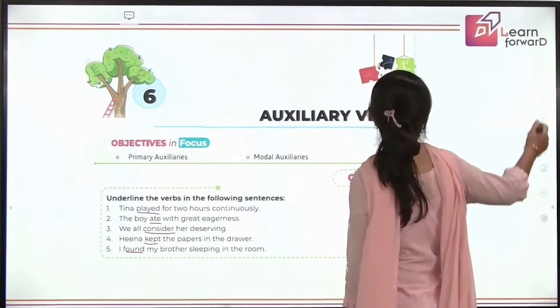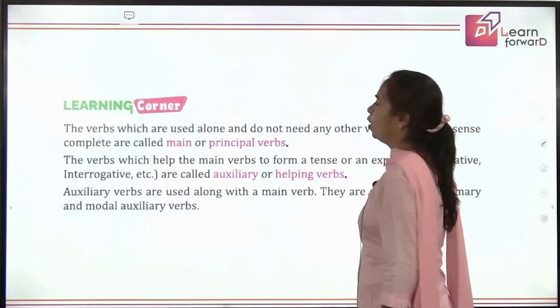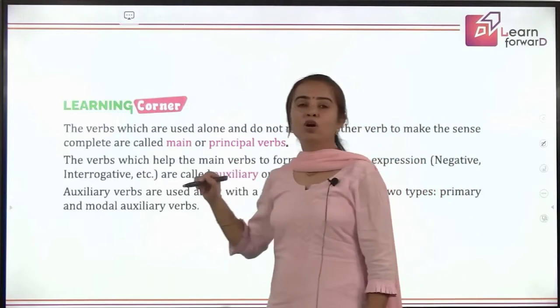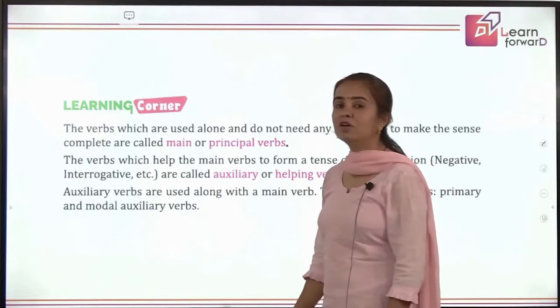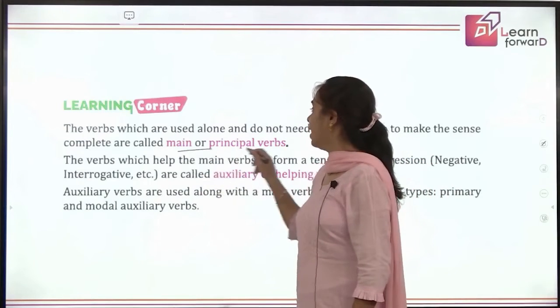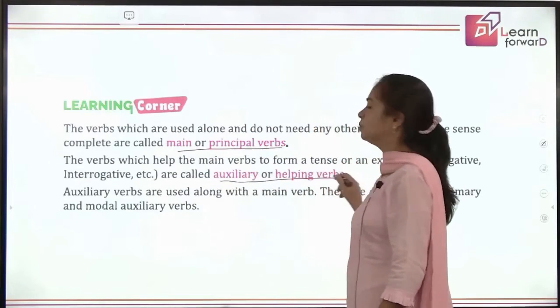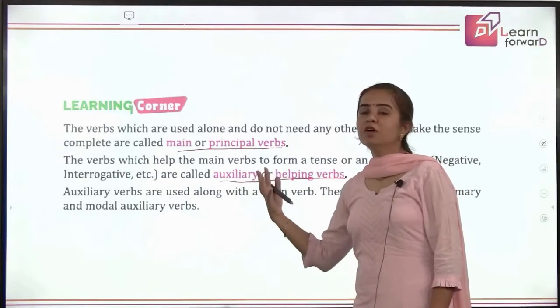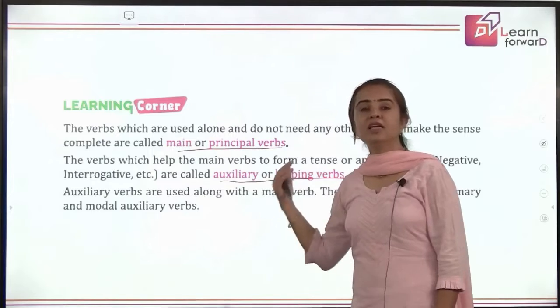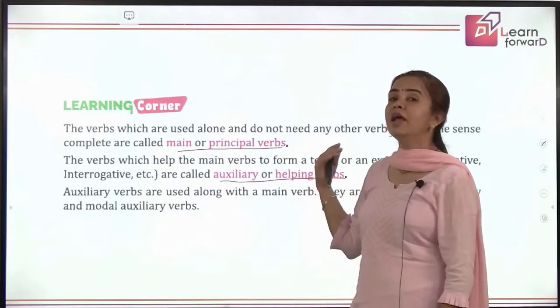That's great, students. We'll start the journey on verbs ahead, the auxiliary verbs. I just told you that we have the main verb, that is called the principal verb, and then we have the auxiliary verbs, which are also called the helping verbs. The principal verb is the main action in the sentence and the auxiliary verb is the helping verb.